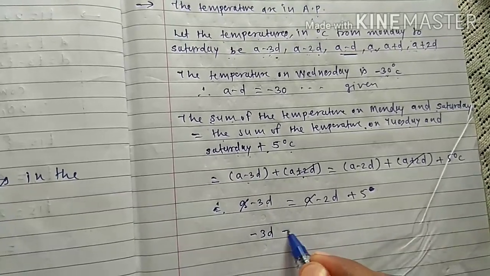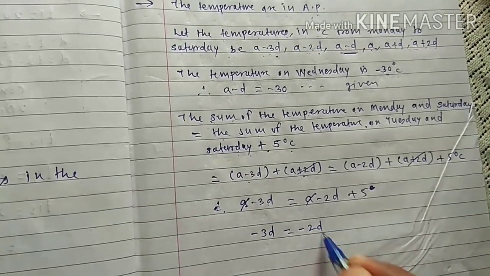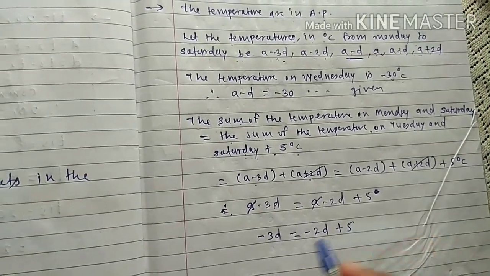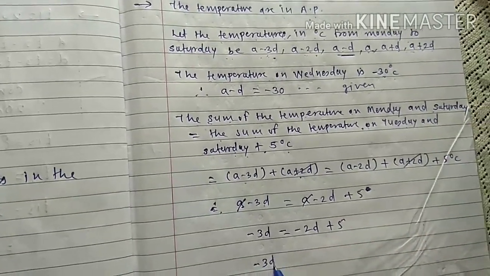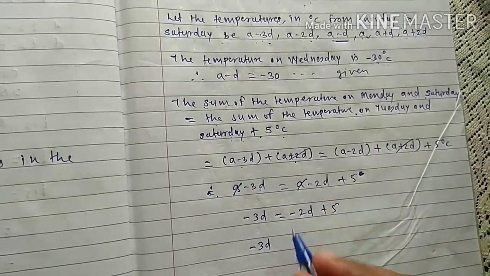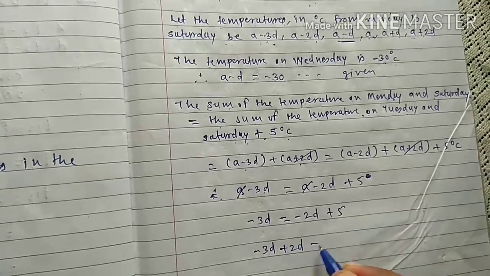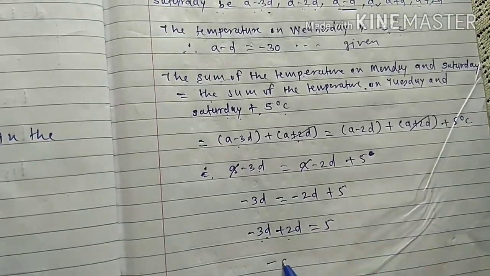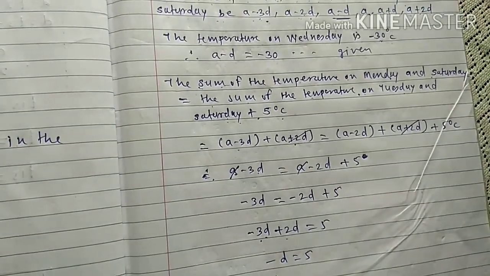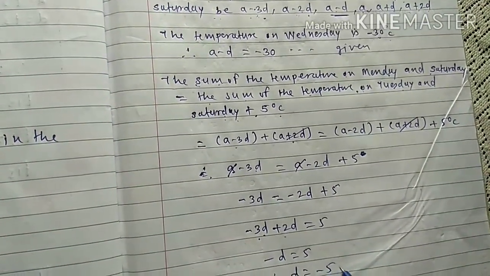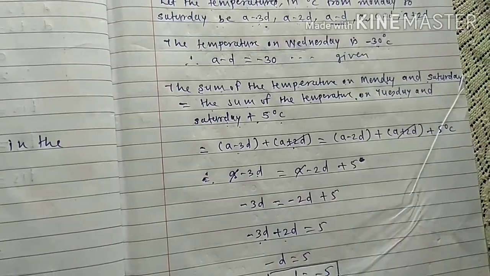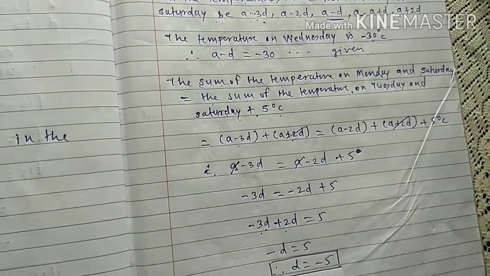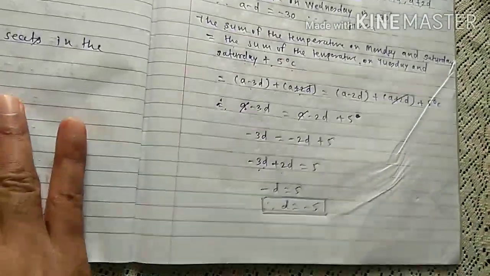So minus 3D is equal to minus 2D plus 5. So minus 2D bring to this side, plus 2D is equal to 5. Minus 3D plus 2D is minus D is equal to 5. Therefore, D is equal to minus 5. What did we get for D? Minus 5.